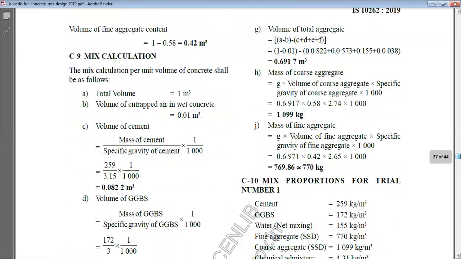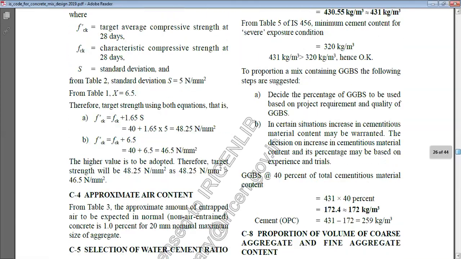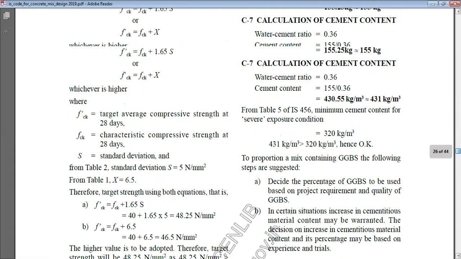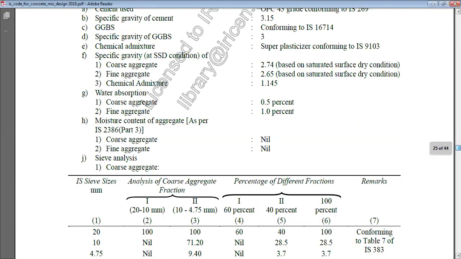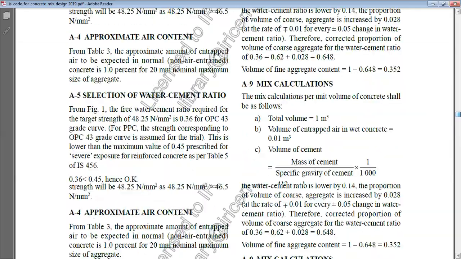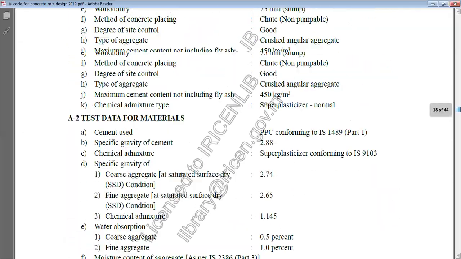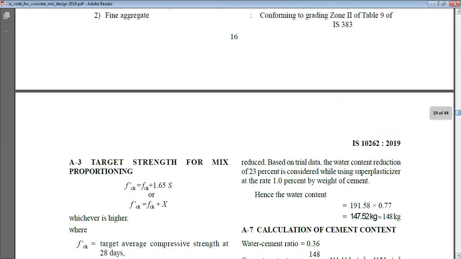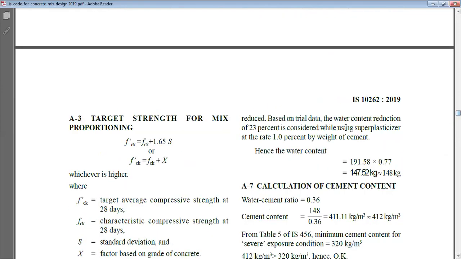How much water can be decreased, here we are taking by trial and error method. Based on the trial method, we are going to reduce by 23%. Between 20 to 30%, you can take any value. Here we are taking 23% with a dosage of 1% by weight of the cement.